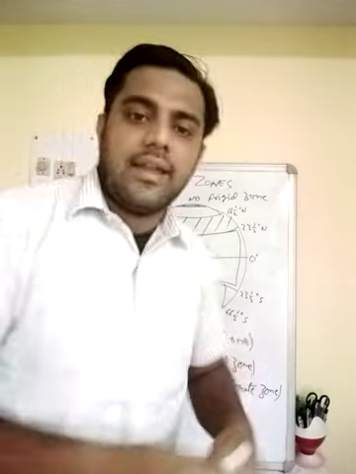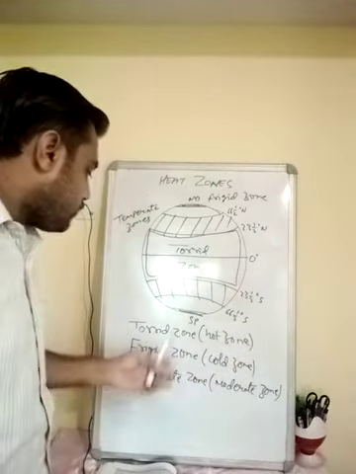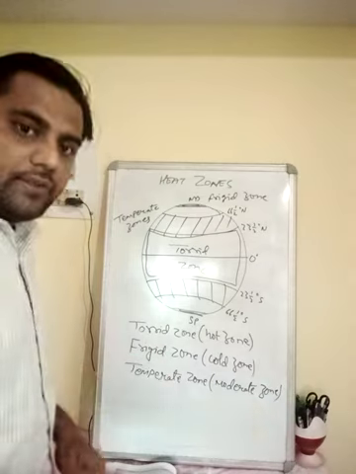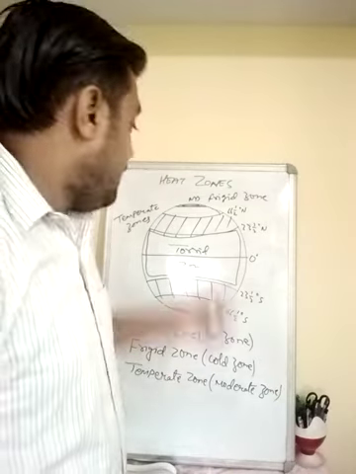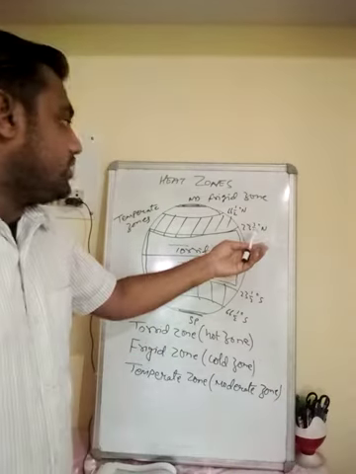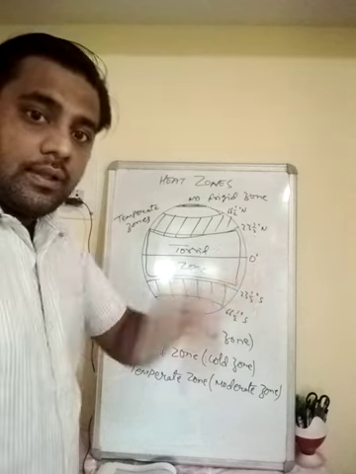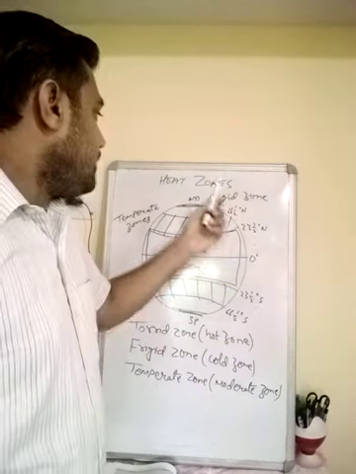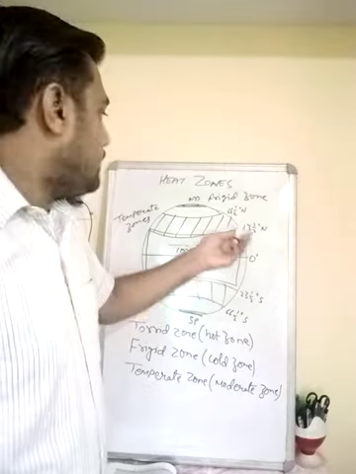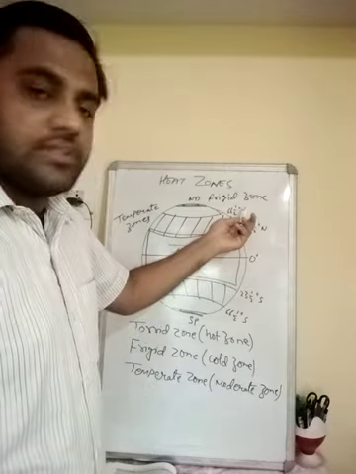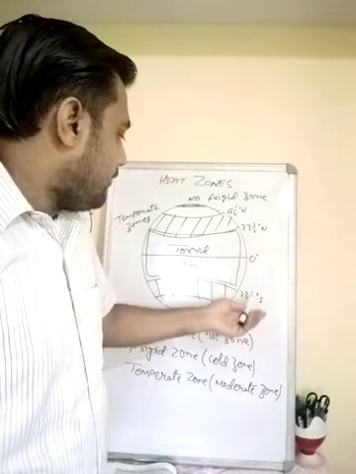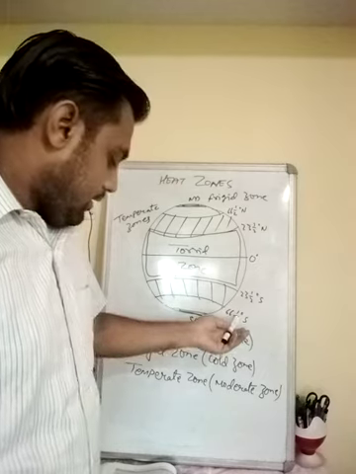So I hope you understand the three heat zones: torrid zone, frigid zone and temperate zone. Torrid zone is the area located between 0 degree to 23.5 degree north and 0 degree to 23.5 degree south. Temperate zone lies between 23.5 degree north to 66.5 degree north and 23.5 degree south to 66.5 degree south.